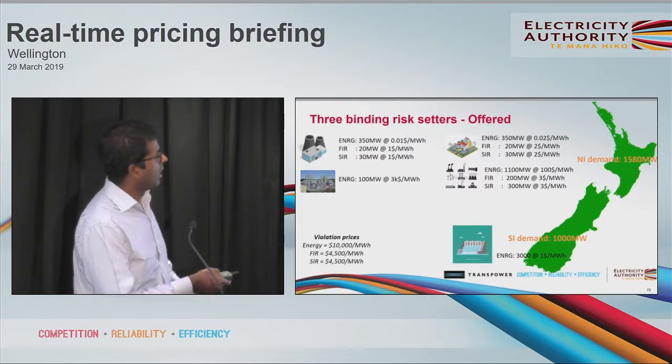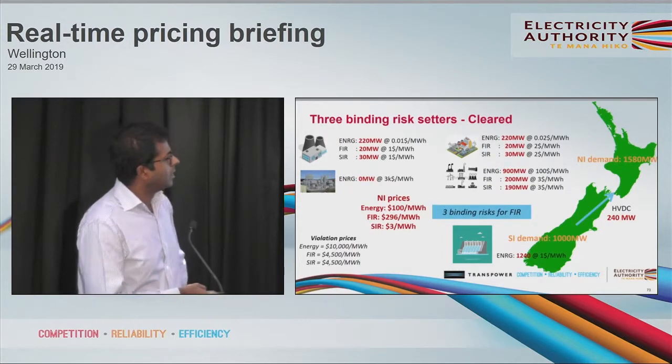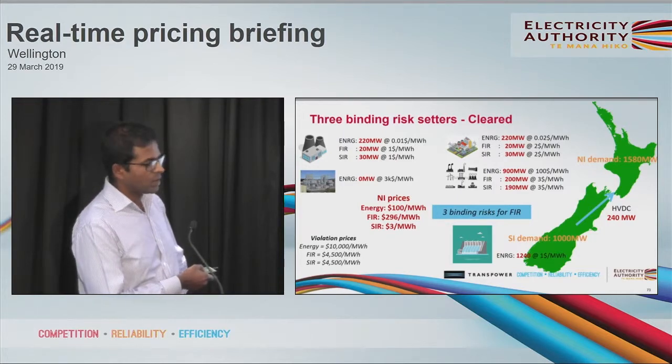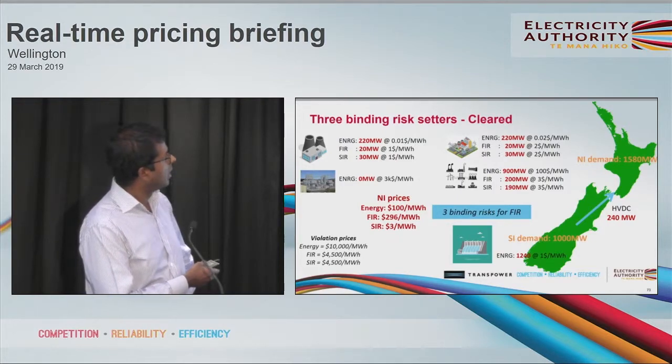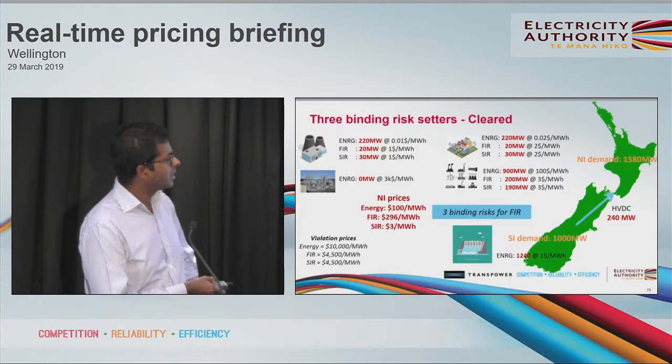So SPD cleared the market the way it would. It says the optimal allocation of the resources based on what the inputs are, all what's shown in red. So we've got the DC doing about 240 megawatts.